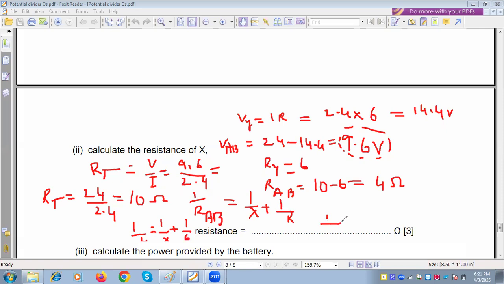So 1 upon X is equal to 1 upon 4 minus 1 upon 6. When we solve this, you will have to take the LCM, which is 12. 4 3s are 12, 6 2s are 12, so 3 minus 2, and then at the end we have to take the reciprocal. So X turns out to be 12 ohms.